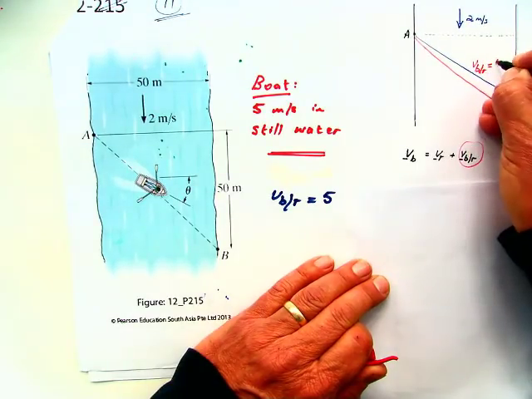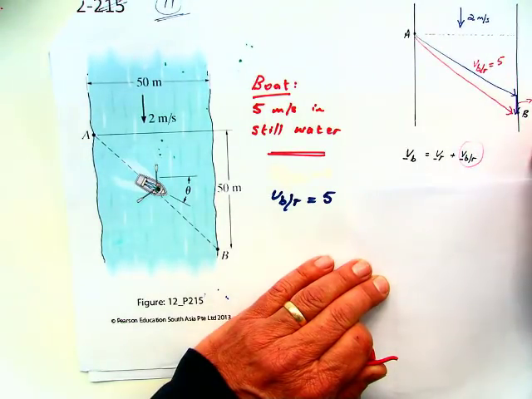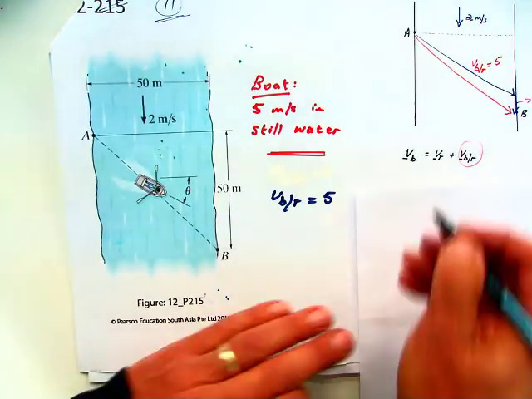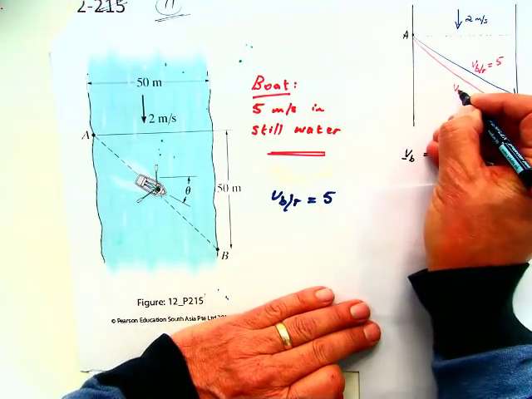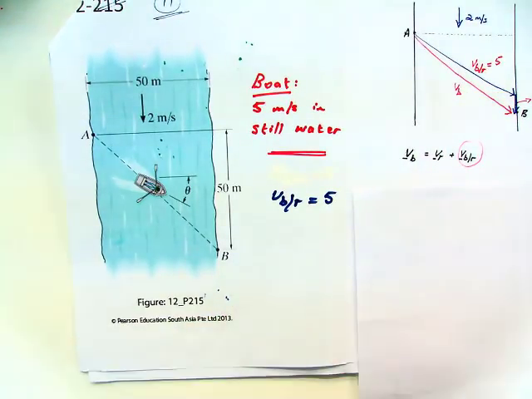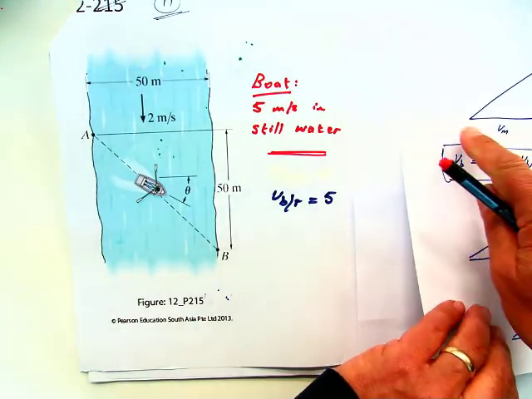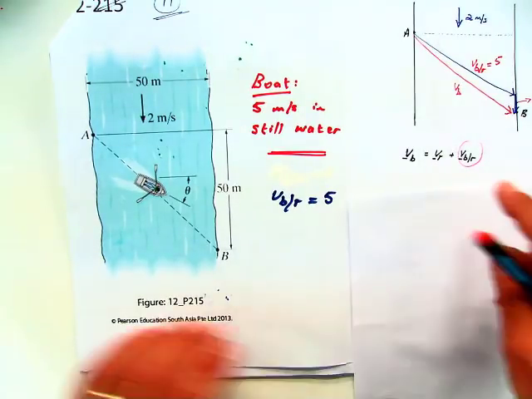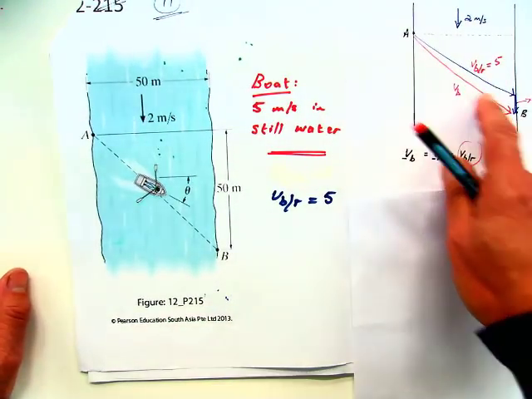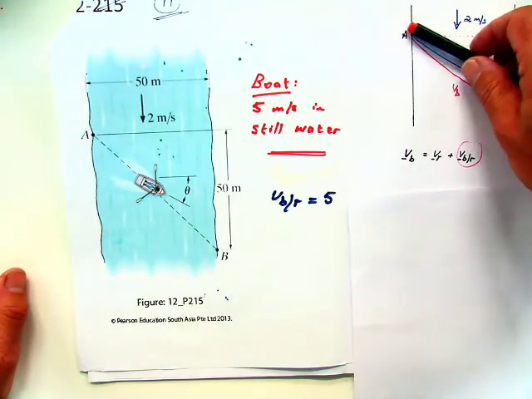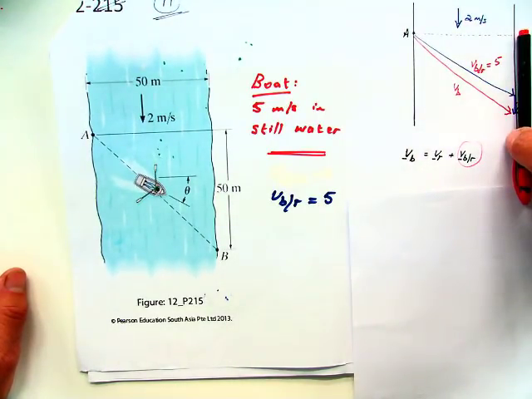So that one is 5, and this one is 2. Your resultant is that one over there. It's very much the same as the previous one I had here of the guy hitting the ball in a certain direction. You want to move in that direction, so that's got to be the final velocity of the boat. So first that one plus that one.